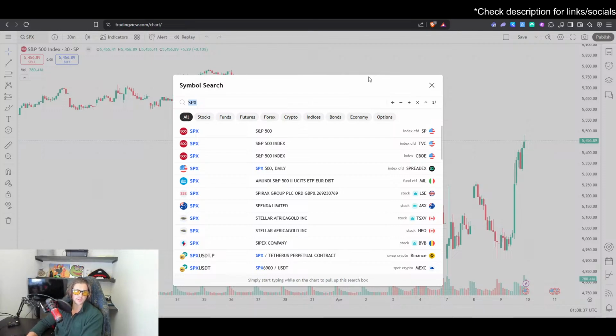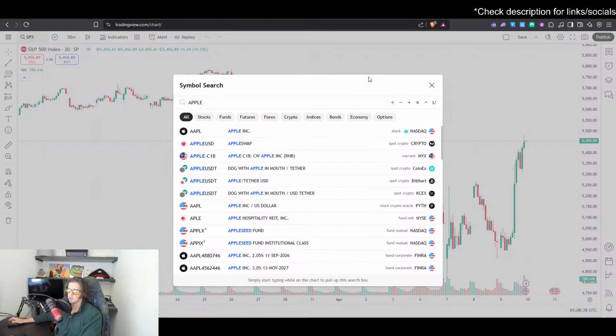Everybody knows what Apple is, the company, but it trades under tickers or symbols. Most of the stocks have either 3-letter or 4-letter symbols.